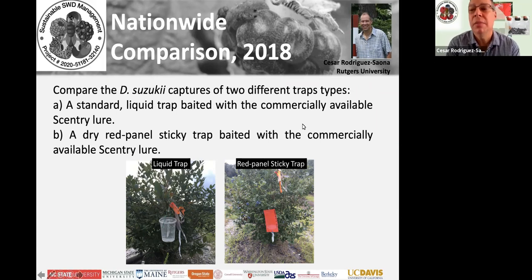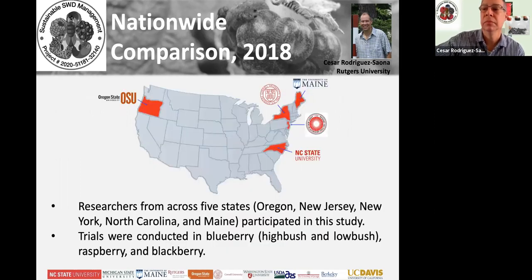For this, we conducted a multi-state study in 2018 to compare the liquid standard traps baited with commercial Scentry lures with a red sticky panel also baited with a Scentry lure. This study was conducted across 5 states and in highbush and lowbush blueberries, raspberries, and blackberries.